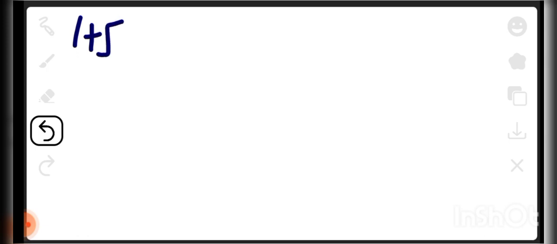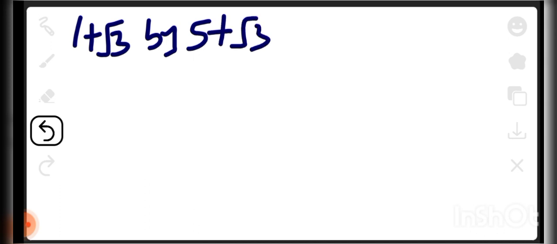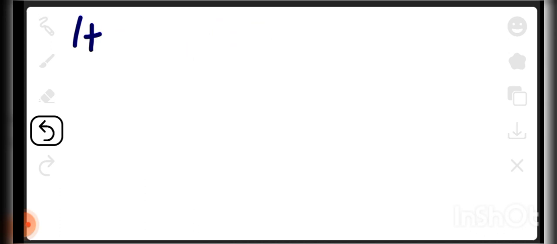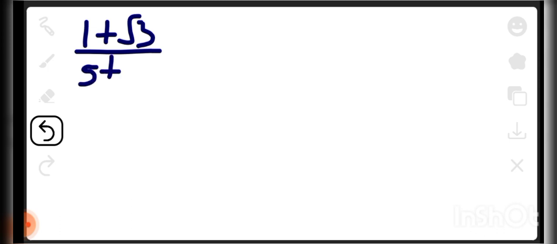Now we have to divide 1 plus root 3 by 5 plus root 3. Look at what I'm trying to say. To divide 1 plus root 3 by 5 plus root 3, that's what I have to do now.